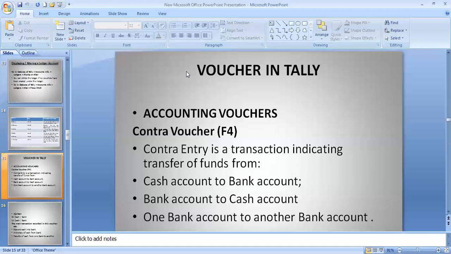That is posting it to a voucher transaction. Tally ERP9 is pre-programmed with a variety of accounting vouchers, like the predefined groups which we have already discussed.